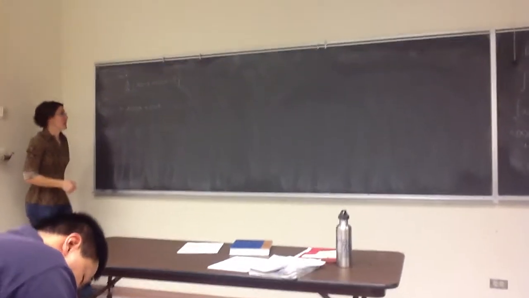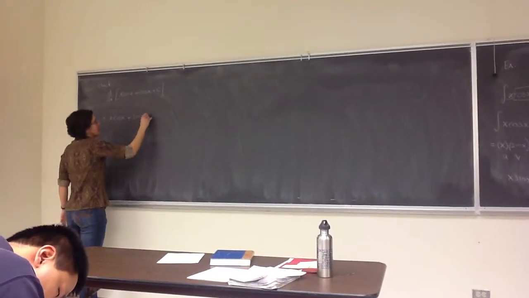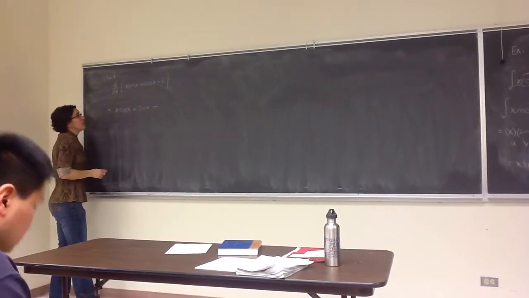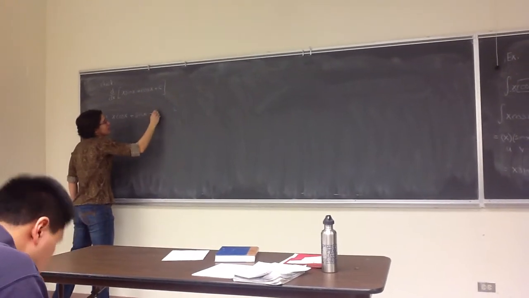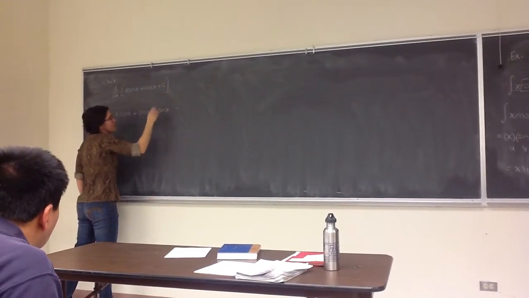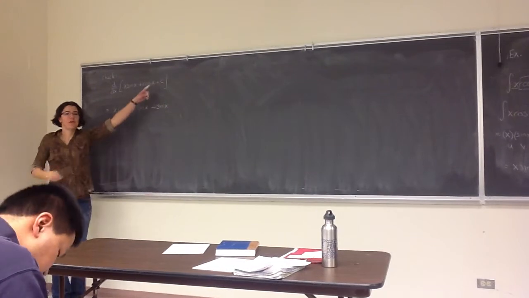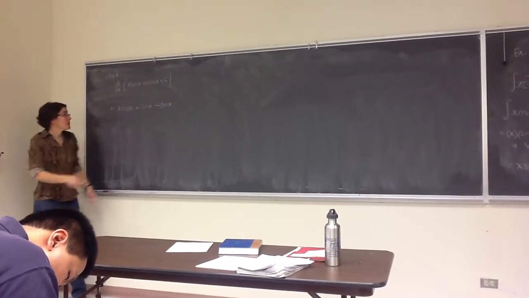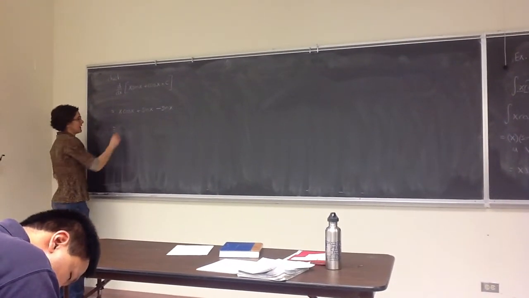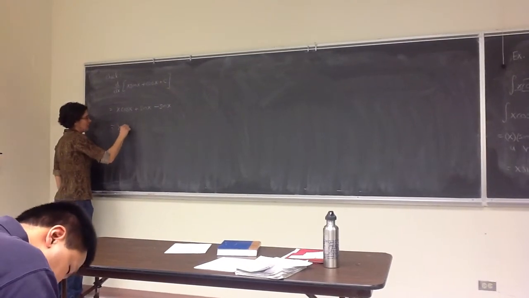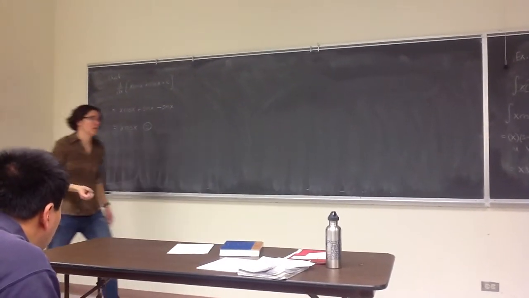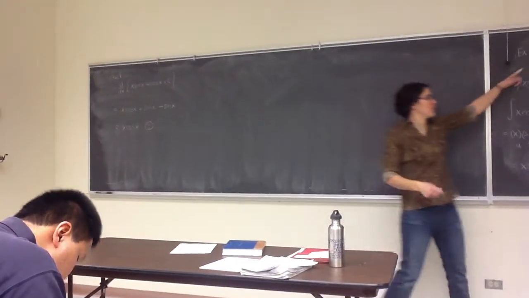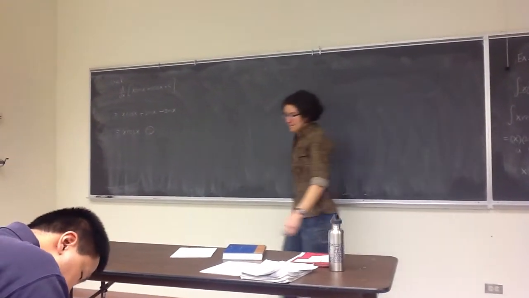So we have x cosine x plus sine x times 1, plus the derivative of cosine, which is negative sine, so minus sine x, and the derivative of c is 0. The sine x and minus sine x cancel, and we're left with x cosine x. We're very happy about that, because once we took the derivative of the final answer, we came up with what we started with.